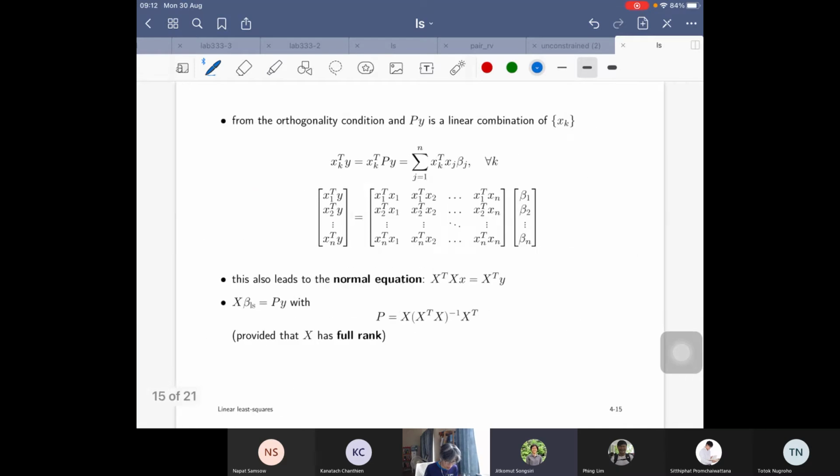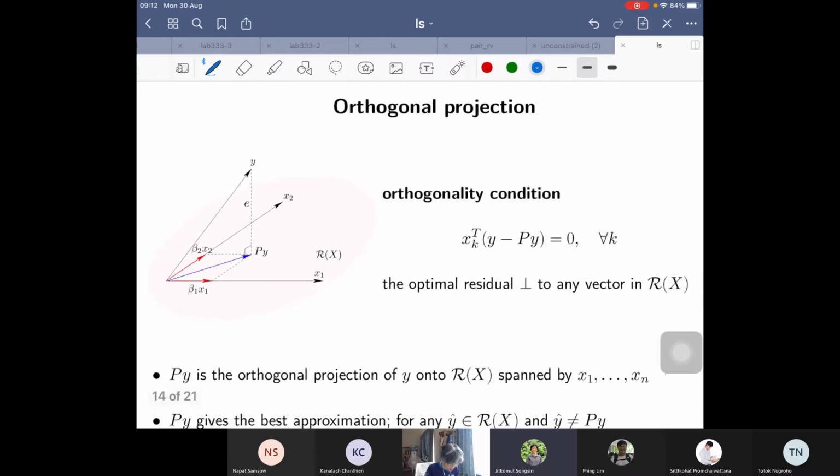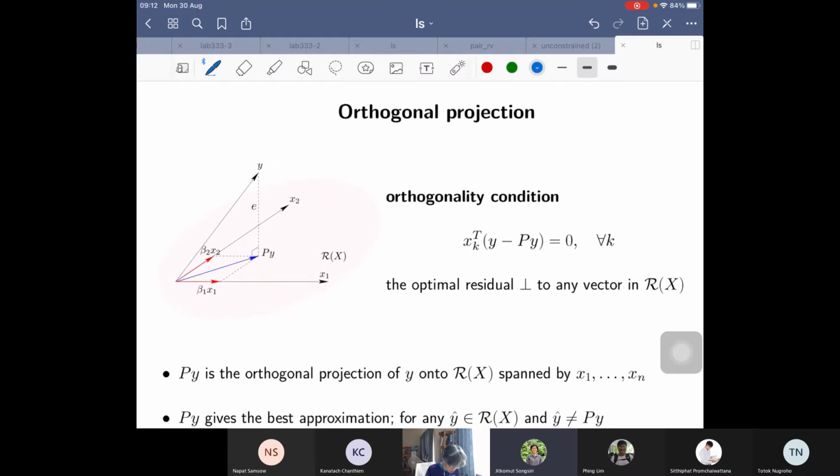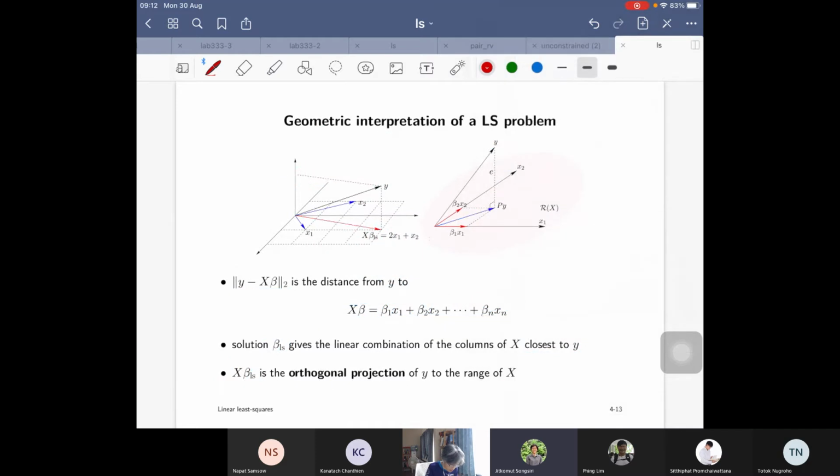Now, we're going to recall what orthogonal projection is, as I mentioned previously. It is called orthogonal projection when py is the projected vector onto a subspace of your interest. Here it is the range of x. Why is the subspace of interest the range space of x?